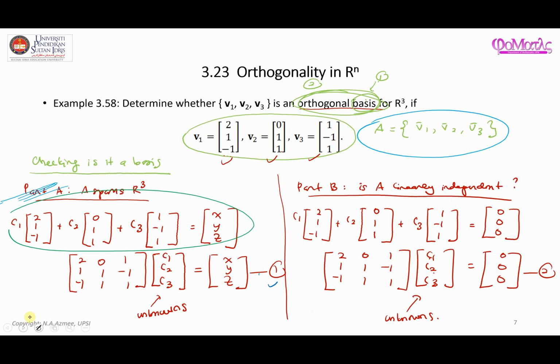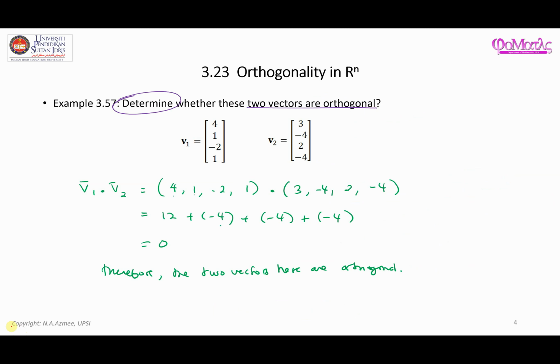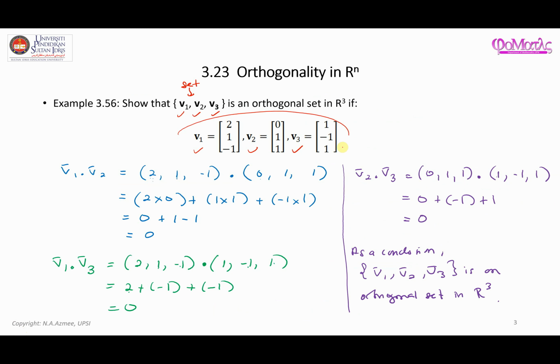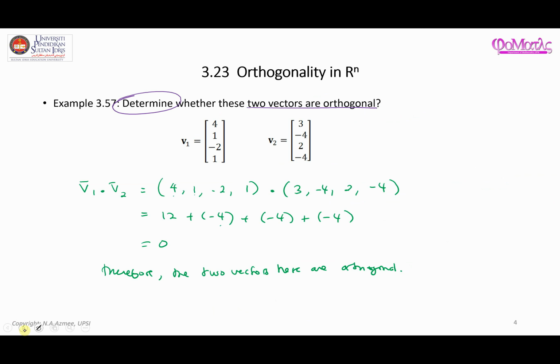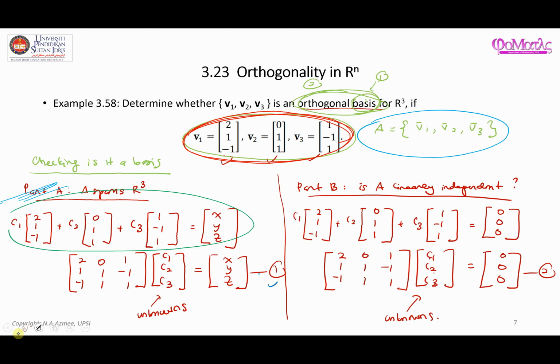Now if you look at this example here, this is the same example which you have already done at this stage, and we have already shown that this is orthogonal, so we can just use the result. But of course, if you have this particular example on its own, then the second step here is you need to show that they are indeed orthogonal.